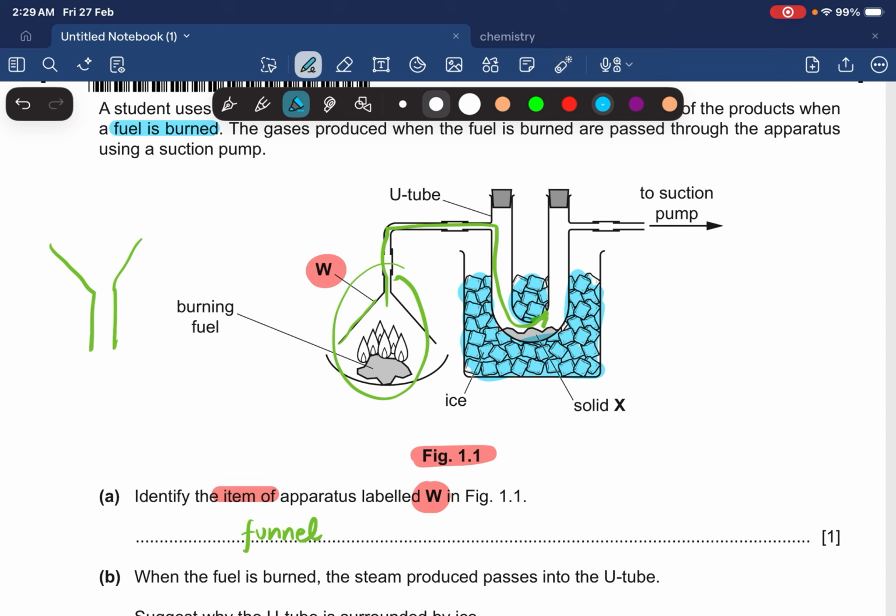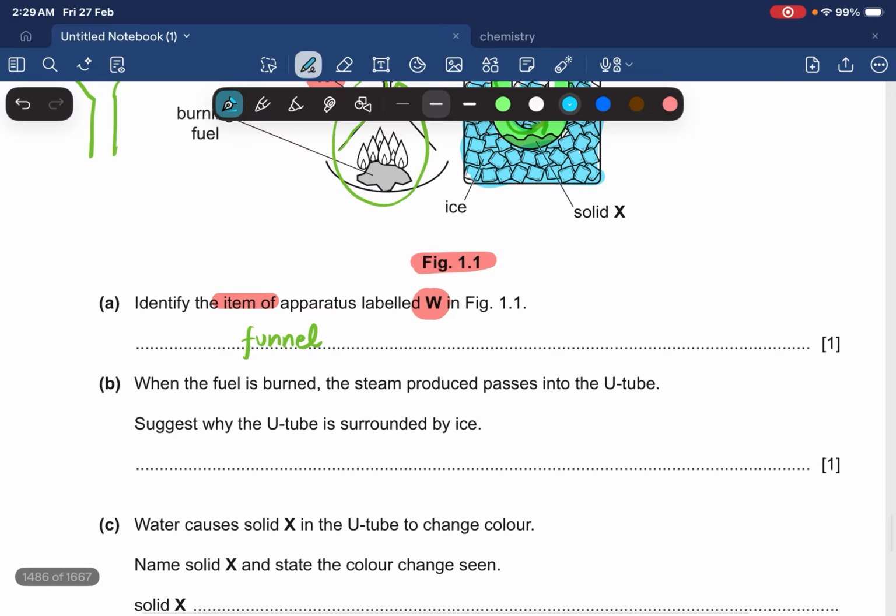So steam is going to move in from here, get cooled down, and turn into a liquid. So to cool or condense steam, that's the main reason we're using it.